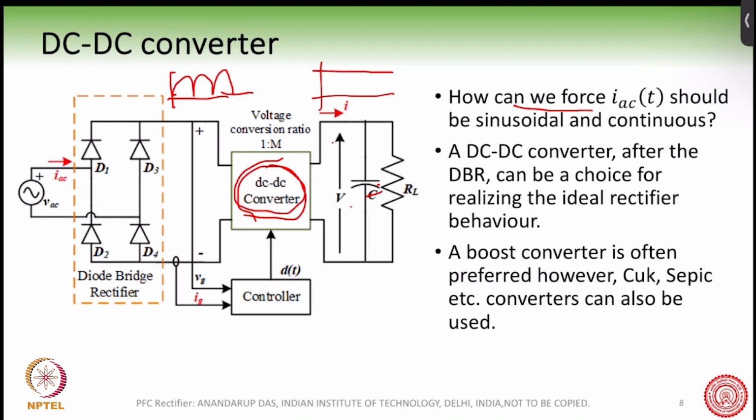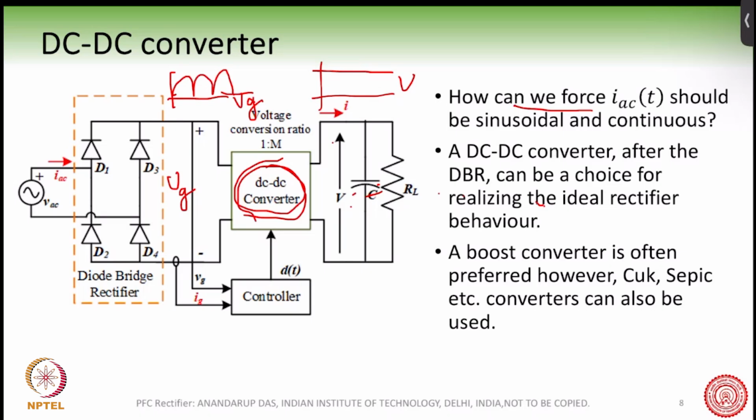So this is the V0, V output, and here is the grid voltage and the rectified voltage, this is the VG.